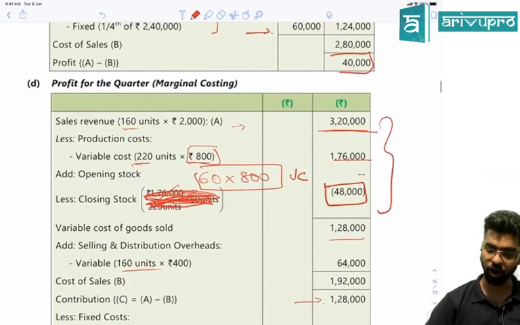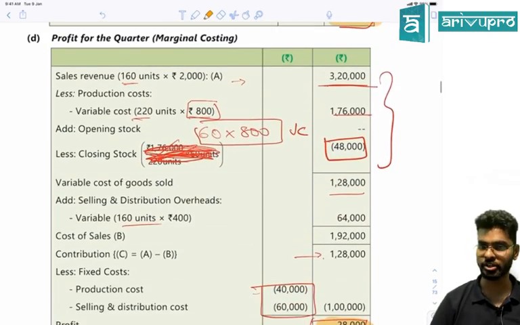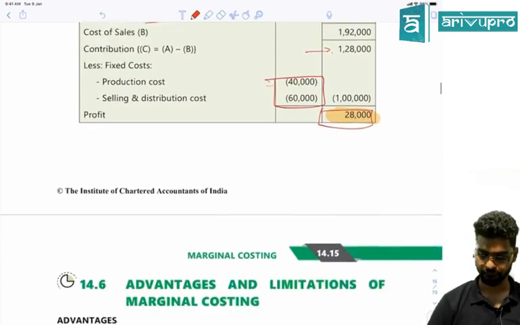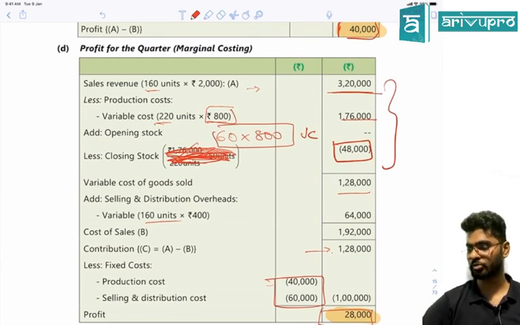Now I want you guys to see, why is there a difference in the profit between marginal costing and absorption costing? Anyone can take a guess?